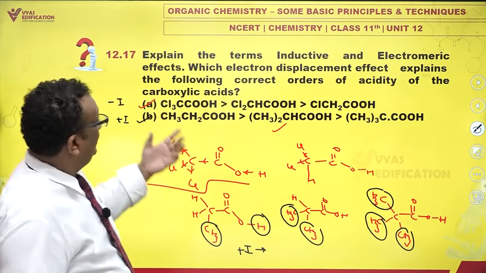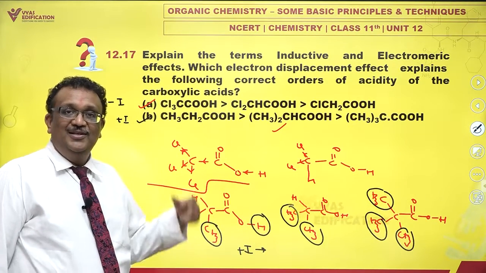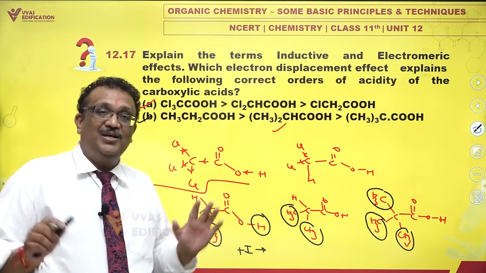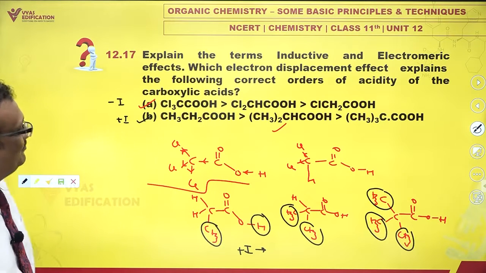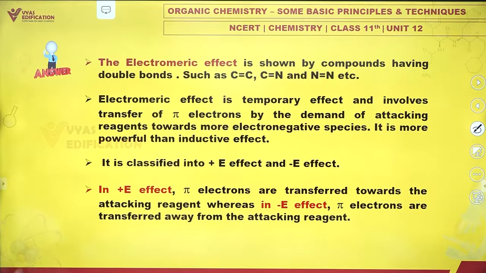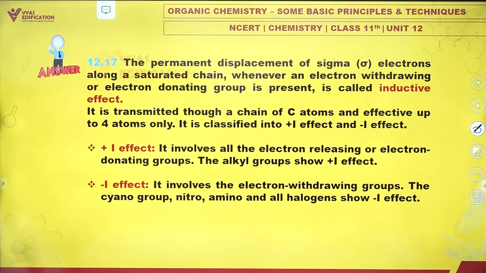As for what exactly is the inductive or electromeric effect, take a look at the theory. I'll just move away from the screen so that you can enjoy the entire theory properly. I'll keep speaking. If you just look at the -I effect, permanent displacement of sigma electron cloud in one direction because of attachment to groups of different electronegativity, that, my dear, is called inductive effect.